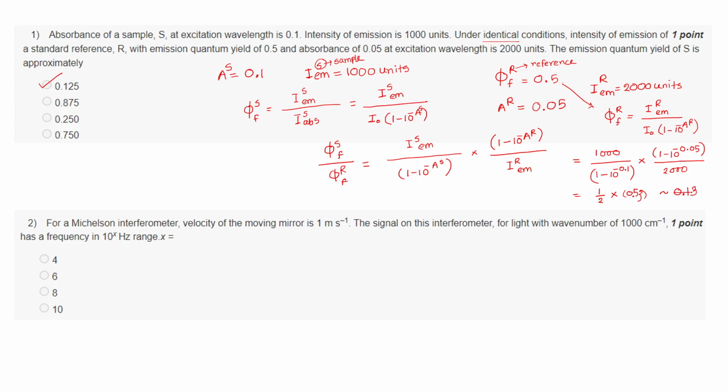So actually not 0.13, it will be 0.26 something. Is it 0.26 or am I making any mistake? I think it's the first one, 0.125.